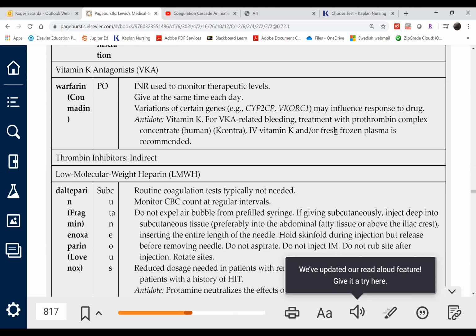It also has coagulation factors, right? It also has clotting factors in it. Which makes sense, because warfarin is inhibiting production of clotting factors, and your antidote is clotting factors, which are contained in plasma.